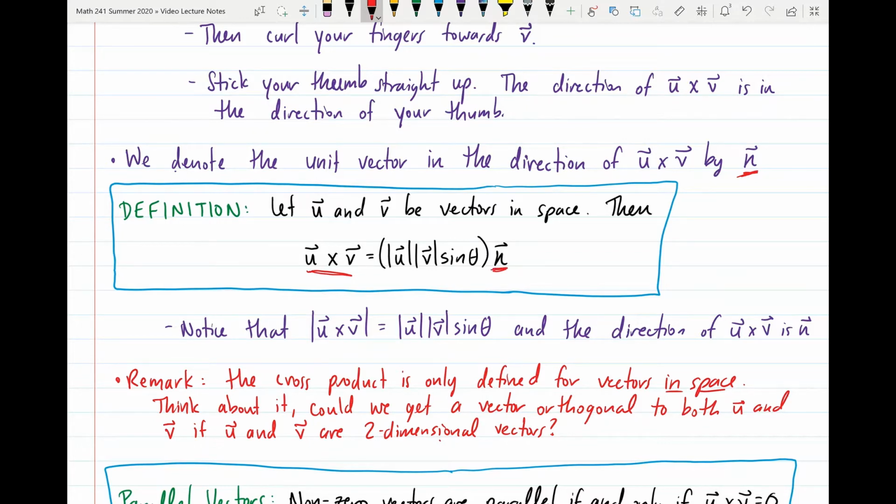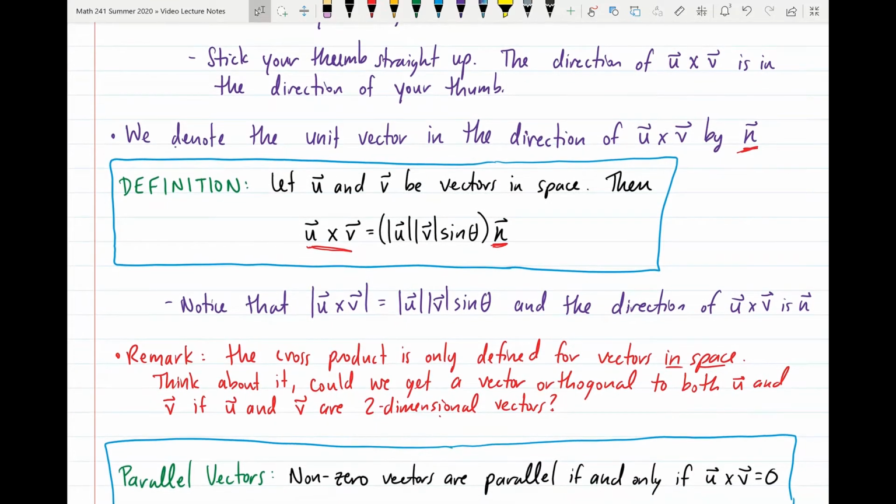So notice that the magnitude of the cross product of u cross v is going to equal the length of u times the length of v times sine theta, and then the direction of u cross v is the same direction as this unit vector n.